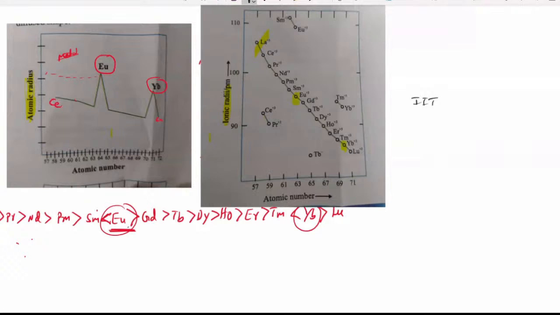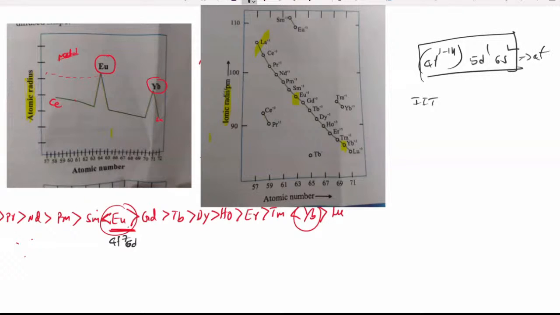Why? The reason here is 4f7, 5d, sorry, 6d. Generally, what is the configuration? 4f 1 to 14, 5d1, 6s2. This is the general outermost configuration for 4f series elements.